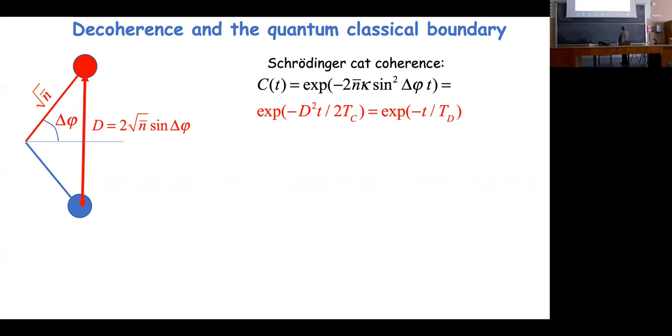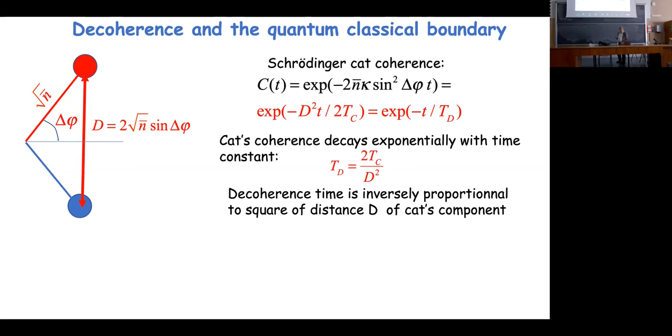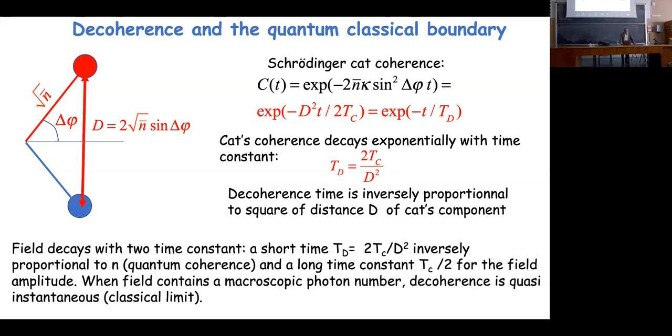Kappa is equal to 1 over tc. So you get this expression where the decoherence time is just 2tc over d squared. So the decoherence time is the decay time of the energy divided by the square of the distance in the Fresnel plane. So it's just a direct consequence of the previous expression.